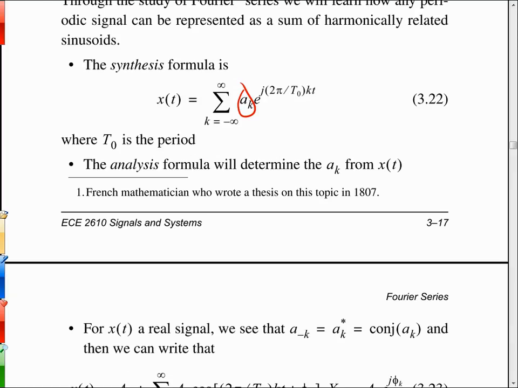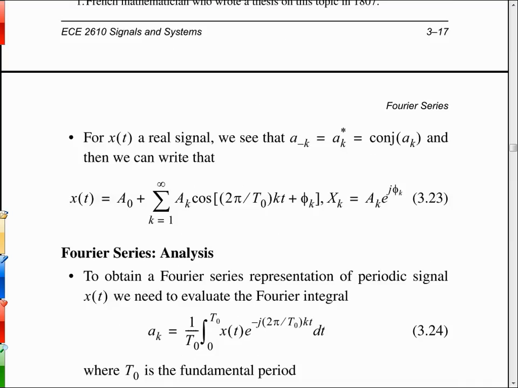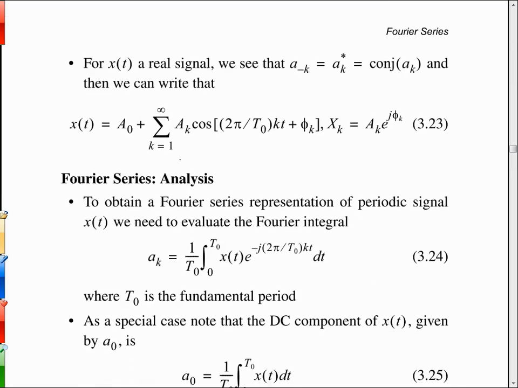So there's a synthesis formula which tells you how to synthesize in terms of harmonics, and then there is an analysis equation which tells you how to get the coefficients from one period of the waveform. So this is the other side of the Fourier model.